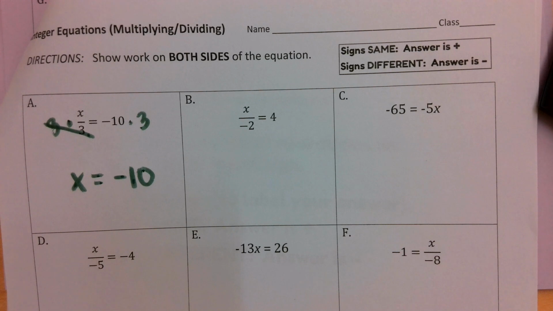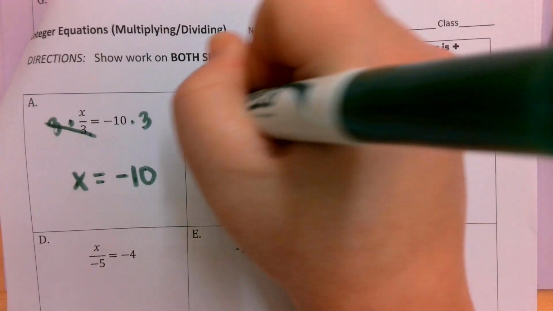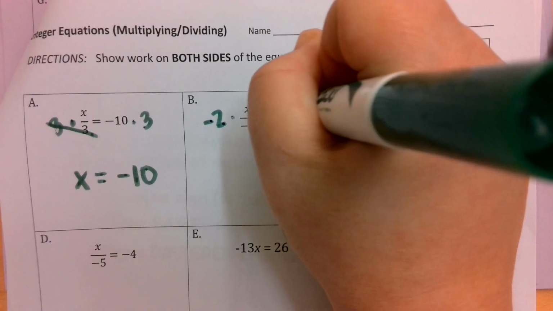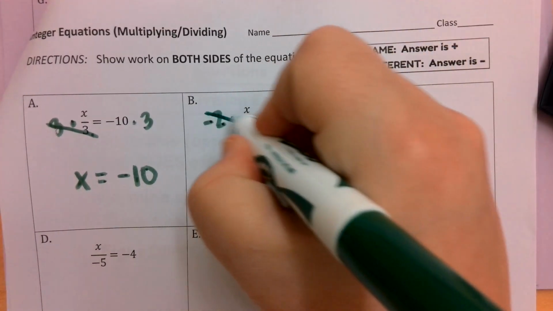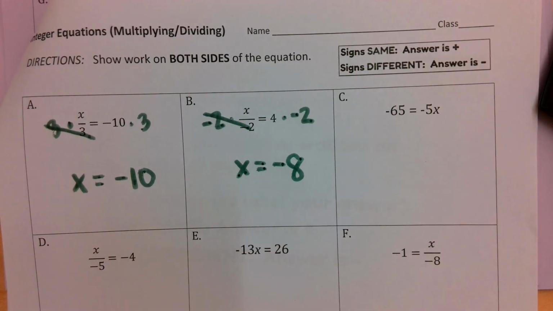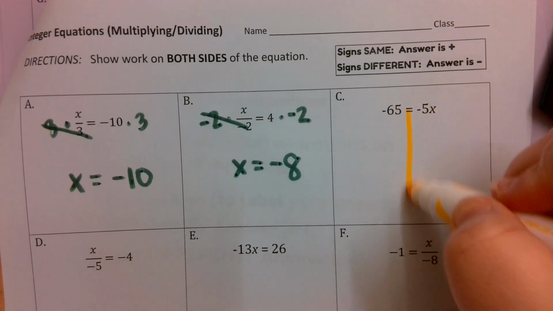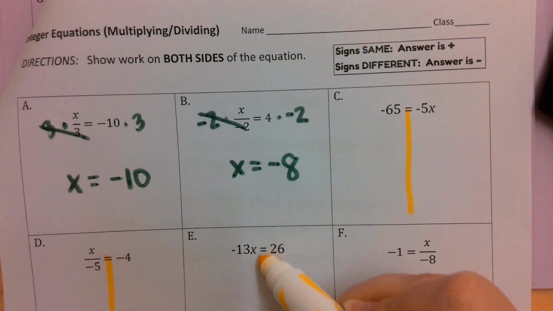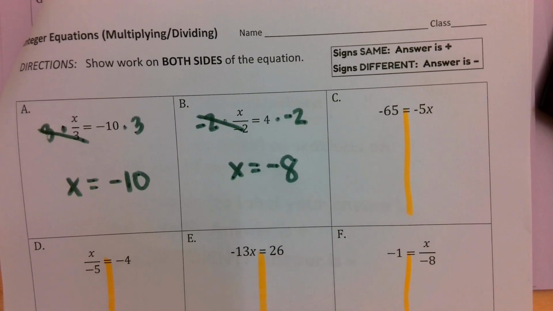B, try it on your own. Times by negative 2, times by negative 2, cancel out, x equals negative 8. Oh, I forgot to draw my balance beams. You don't have to draw them. I just feel like it helps some people see the two sides of the equation.